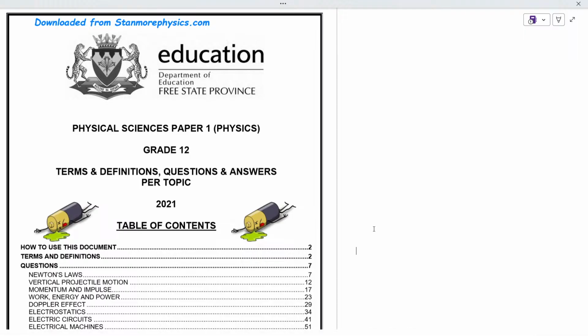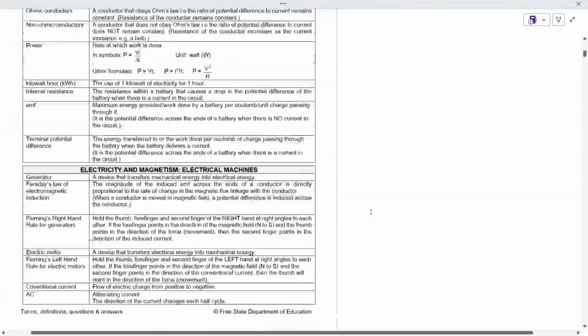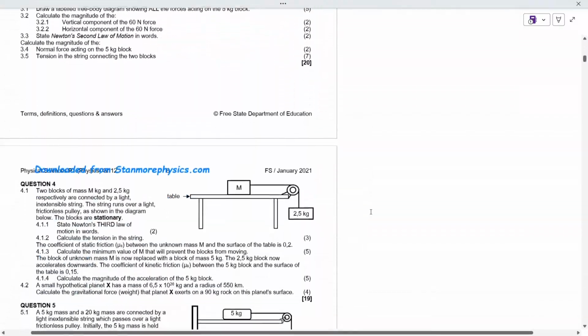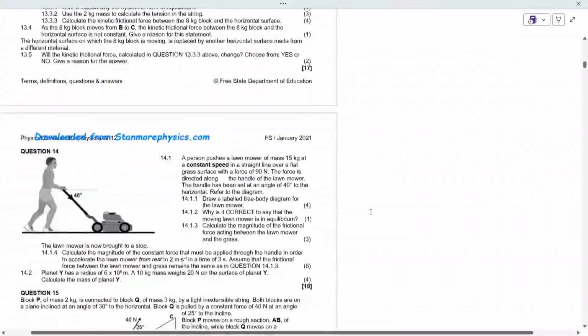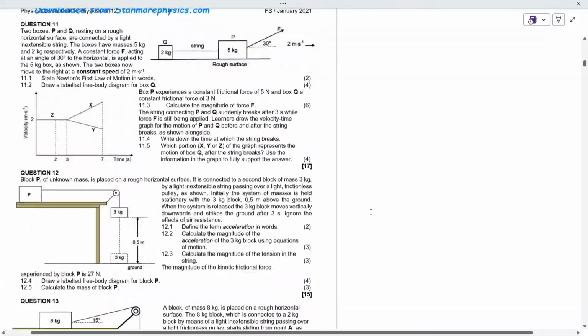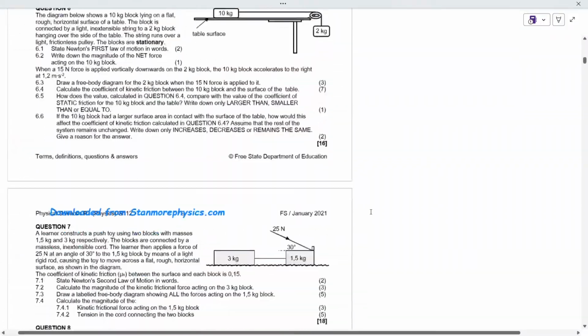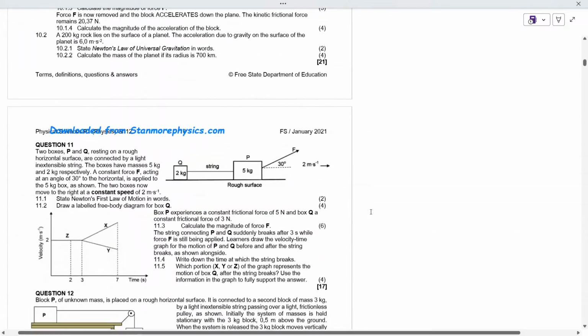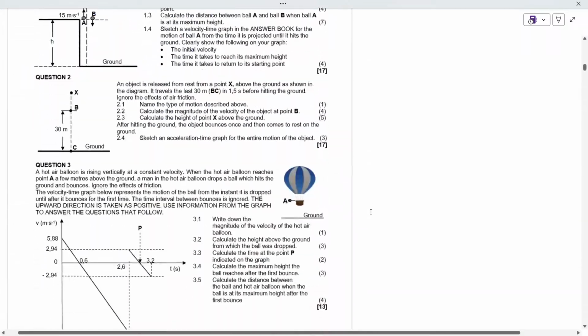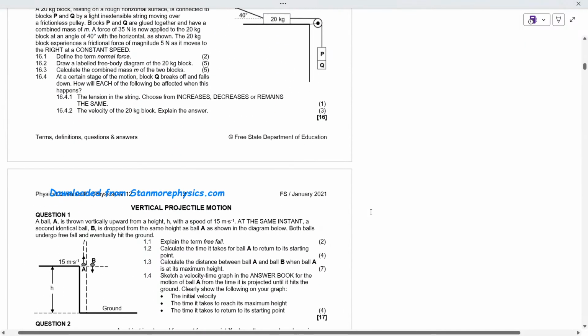Vertical projectile. Okay, let me scroll to it. Yeah, here is vertical projectile.